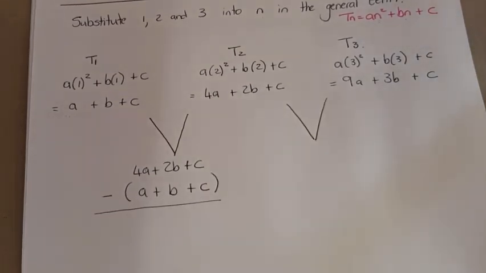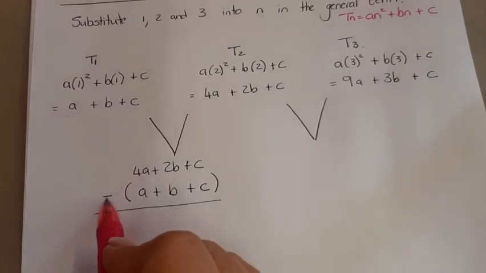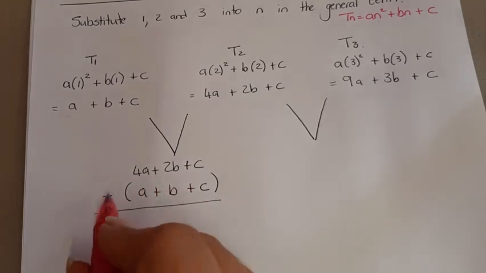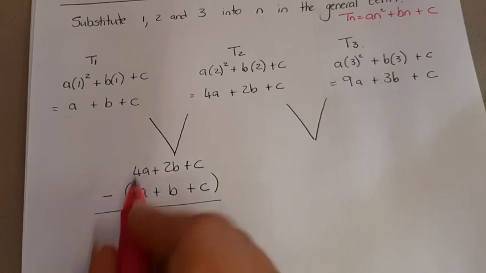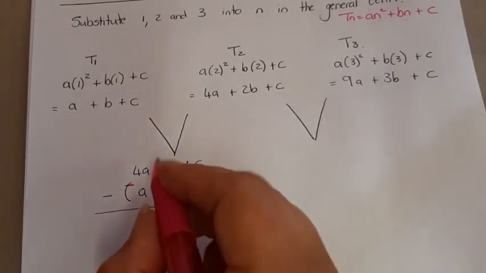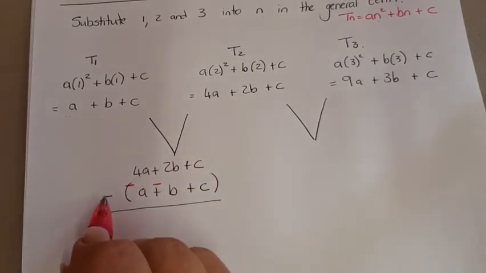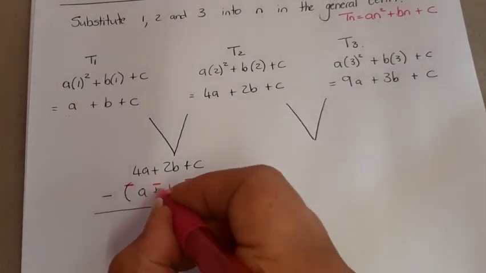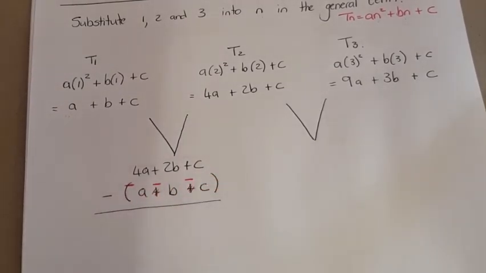Can you remember from grade 8 that when you have a sign in front of a bracket, you always have to multiply the sign with all 3 terms? So a minus times a plus will give you a minus, a minus times a plus will give you a minus, and a minus times a plus will give you a minus.